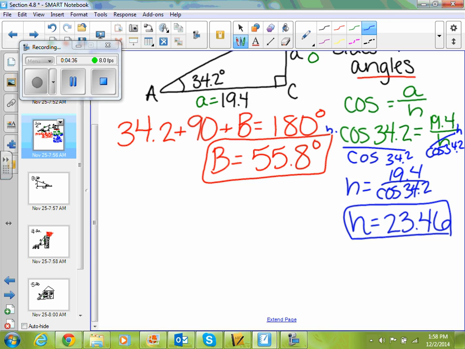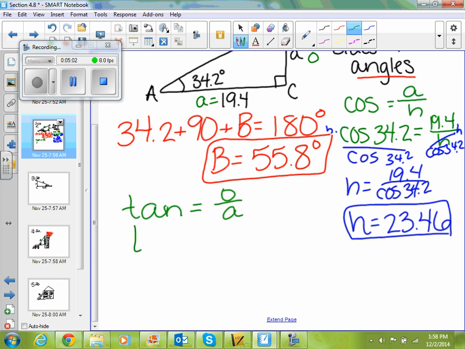Now that we found our h, the last thing we have to find is our opposite side. We have our adjacent, we have our angle, and we're trying to find our opposite side. So we have to plug it into sine or tangent. I'm going to choose tangent because I know the tangent is equal to my opposite over my adjacent. Opposite's what I'm looking for, adjacent is what I have.